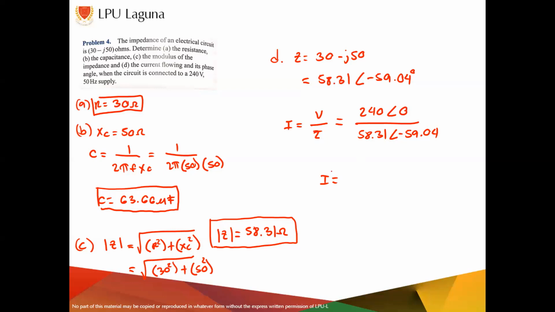I is 4.12 bar angle 59.04 degrees. Okay, that is the answer.